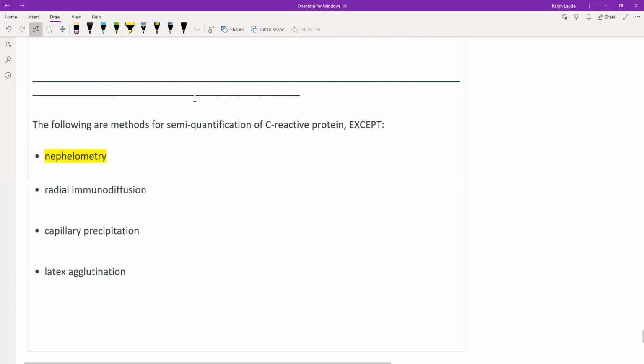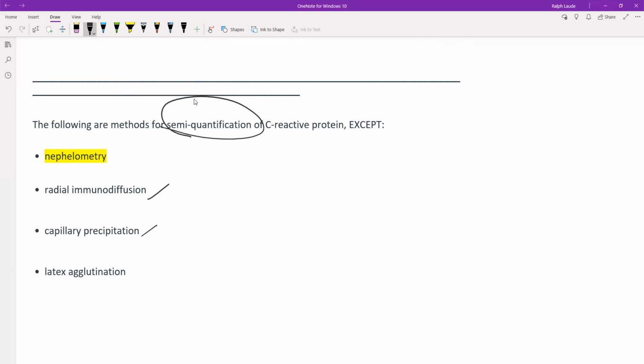So the following are methods for semi-quantification of CRP, except. So we are looking for semi-quantification. RID, yes, by reading the precipitin ring, which has a corresponding value, an estimation of the amount of CRP.